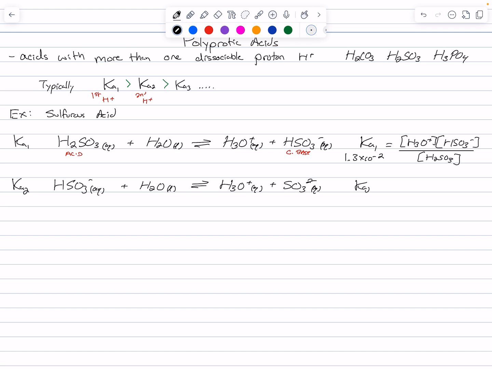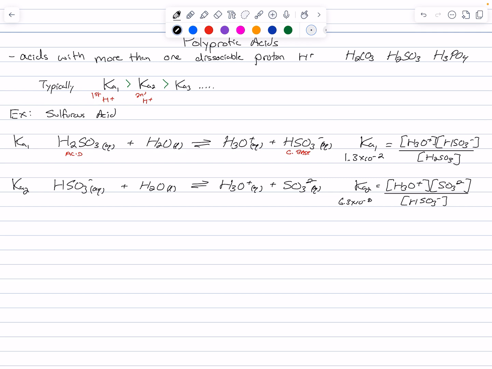So Ka2's expression still has hydronium in it. Now we got sulfite, and we have bisulfite, or hydrogen sulfite. And Ka2 for us is 6.3 times 10 to the negative 8. If you notice, that's about a million times smaller.